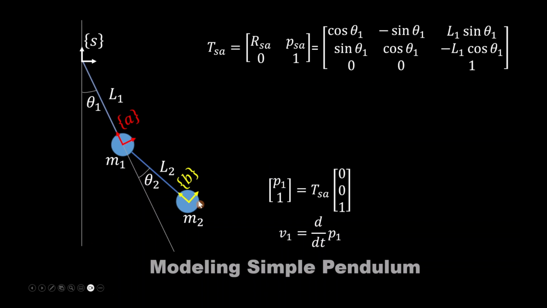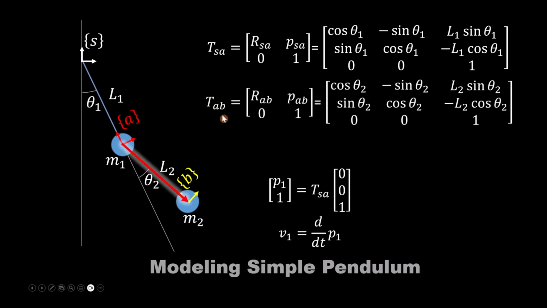Okay, now let's do the same thing for the B-frame. We can define TAB, the transformation between A and the B-frame, as this RAB and this PAB. So PAB is shown in red, and RAB is this rotation matrix. And you'll notice how similar TSA and TAB are, and that's very convenient for us.